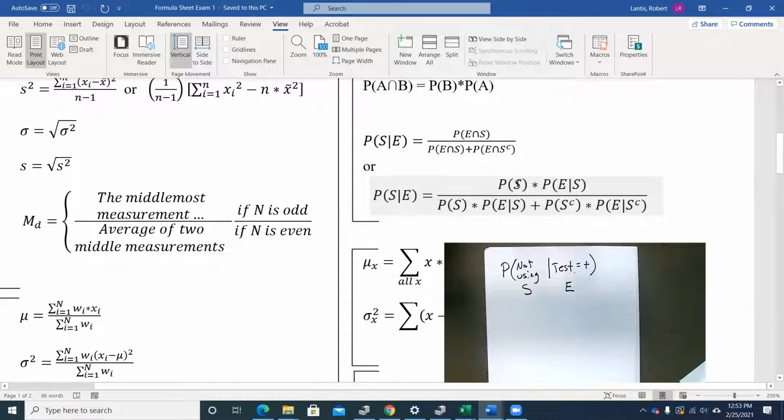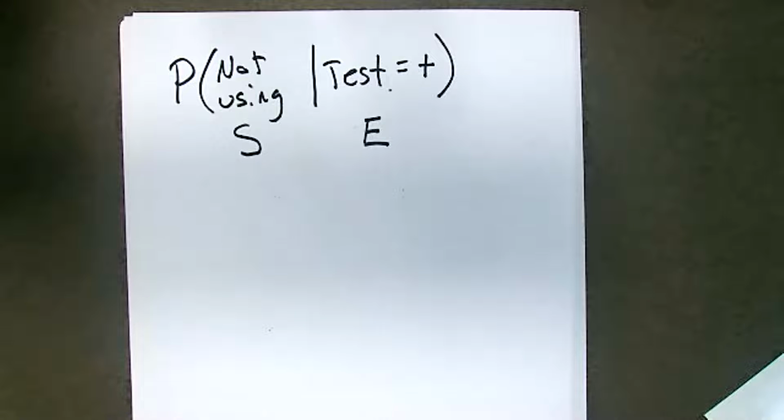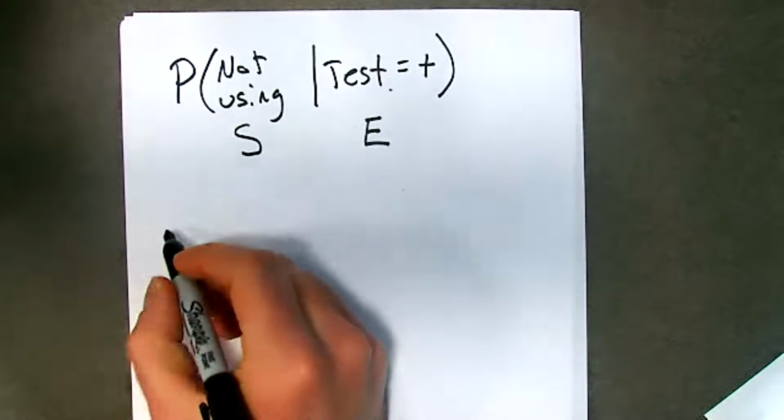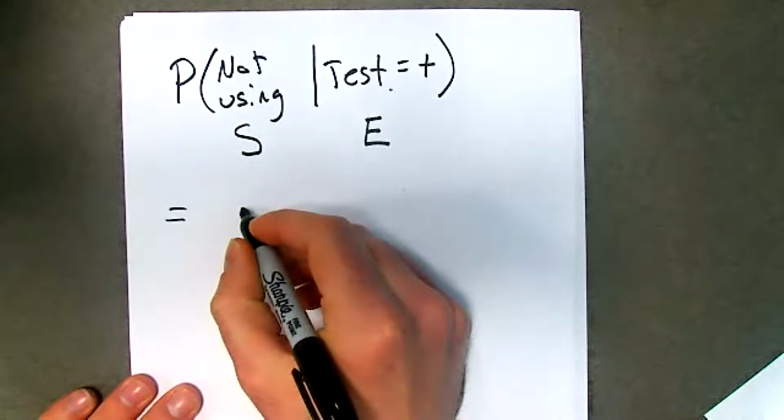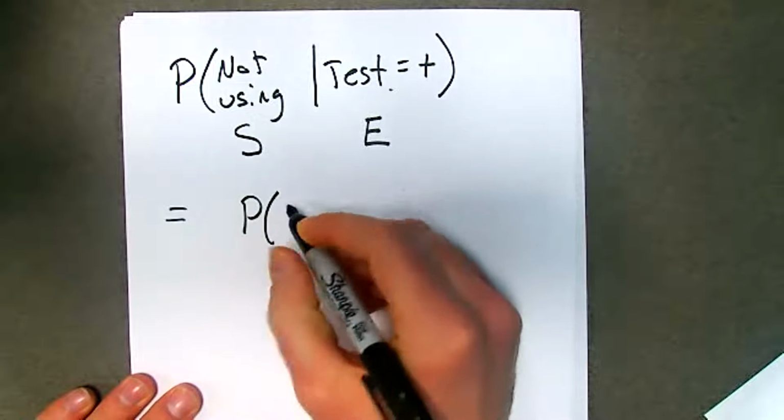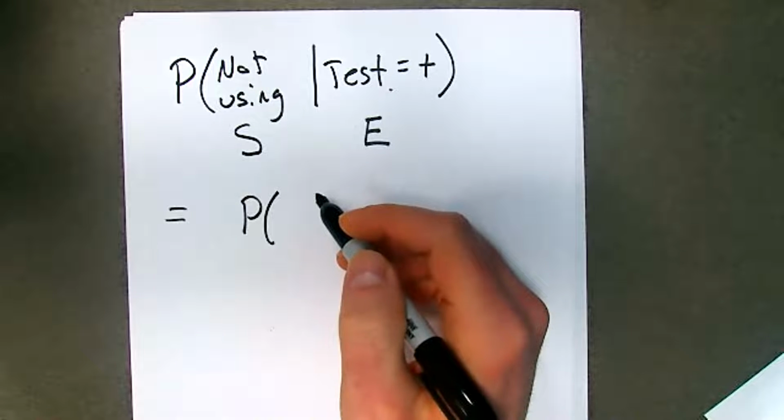But I'm basically just going to talk through this equation and write it out in the context of our example. So the very first part of that Bayes equation is the probability of E given S, right?